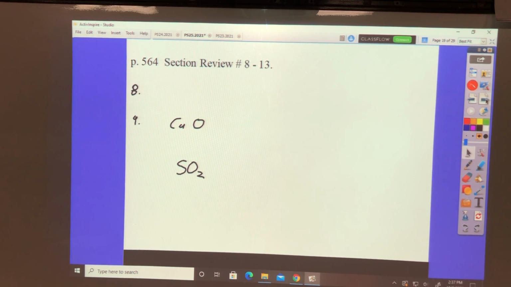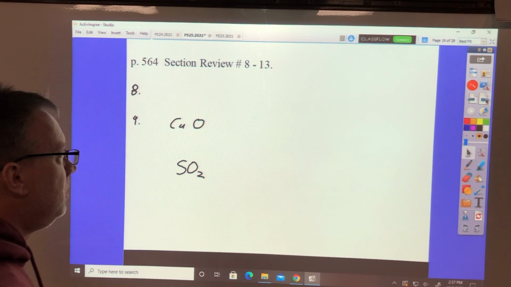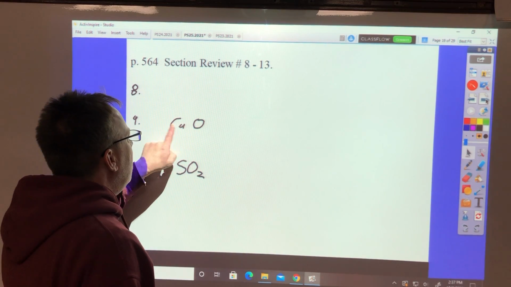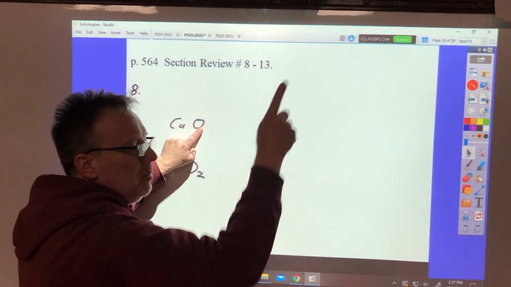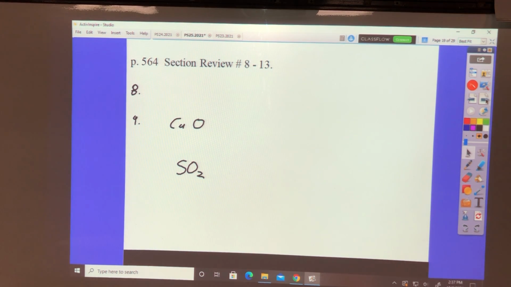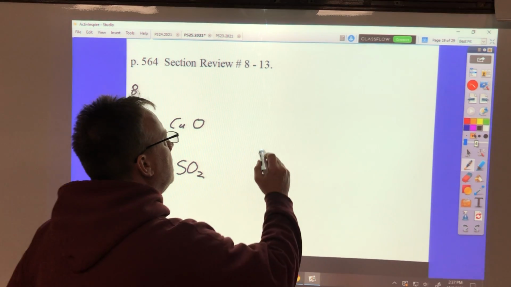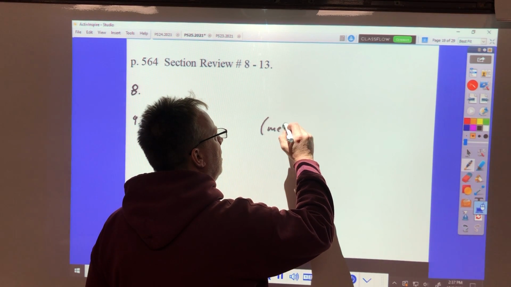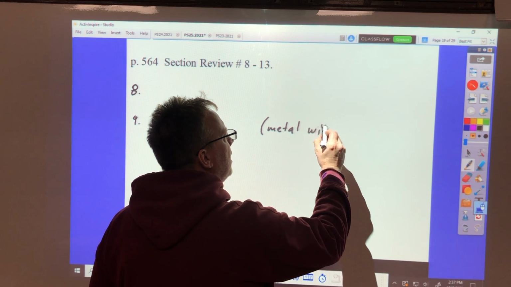Number 9. Determine the type of bonding in CaO and SO2. This one is a metal. Oxygen is a non-metal. So which one's that? This one is metal with non-metal.